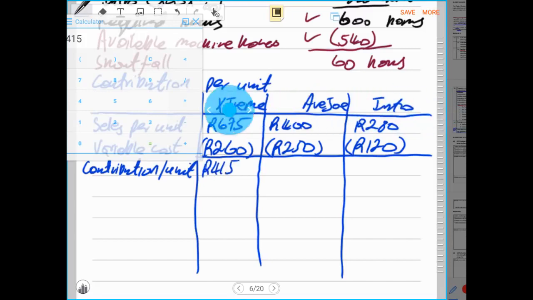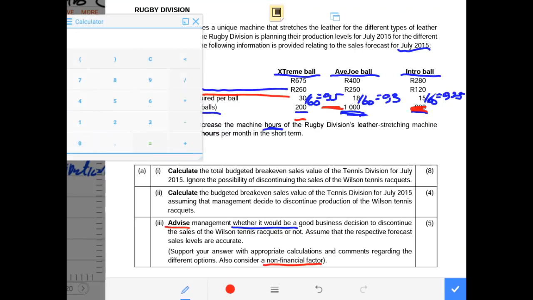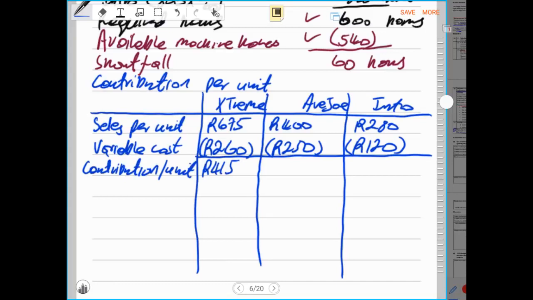Let me confirm if my variable cost is 260. Okay, yes, 260. Therefore 675 minus 260 is a total of 415. So 415 will be the contribution.